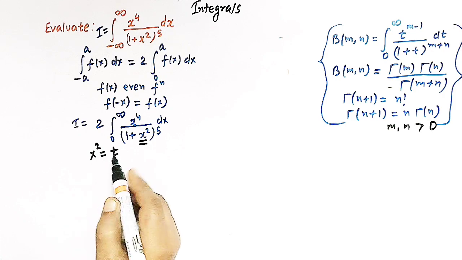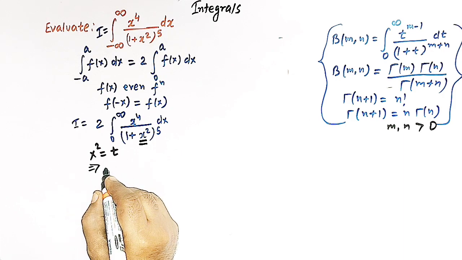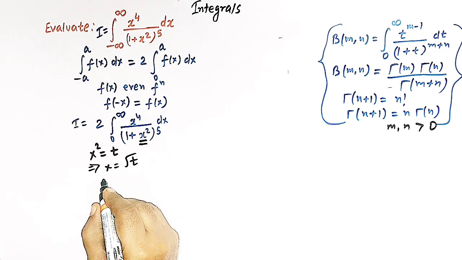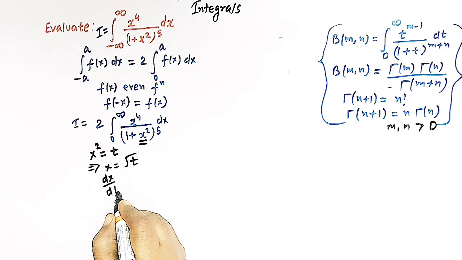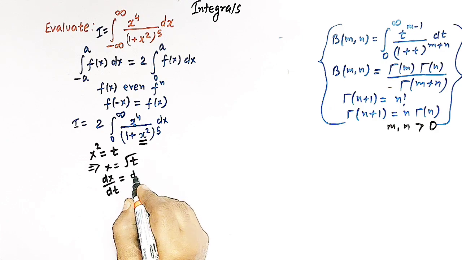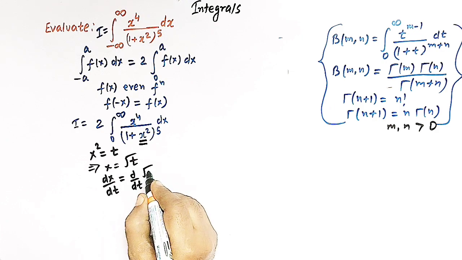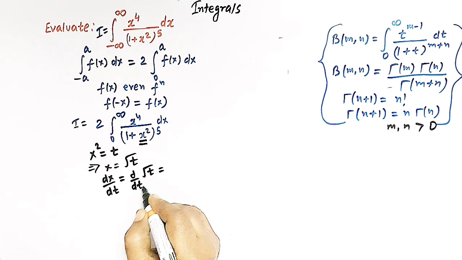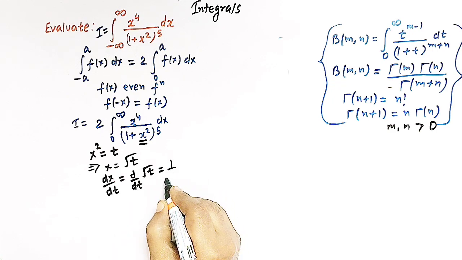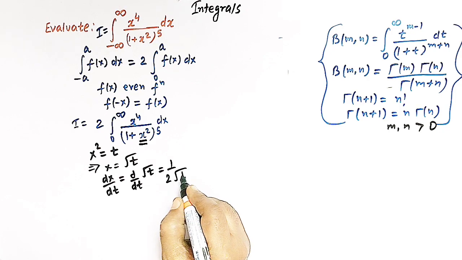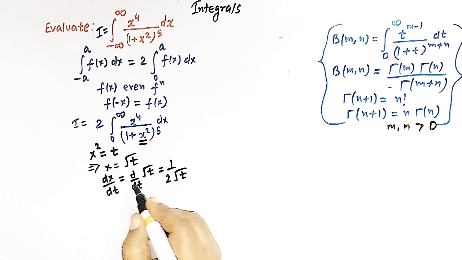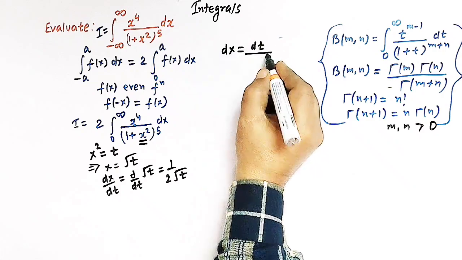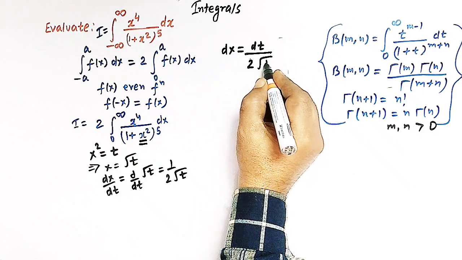So x square is equal to t, which implies x is equal to square root of t. Now let us differentiate x with respect to t. So dx over dt is equal to d by dt of square root of t, which is 1 over 2 times square root of t. So we can write dx is equal to dt over 2 times square root of t.